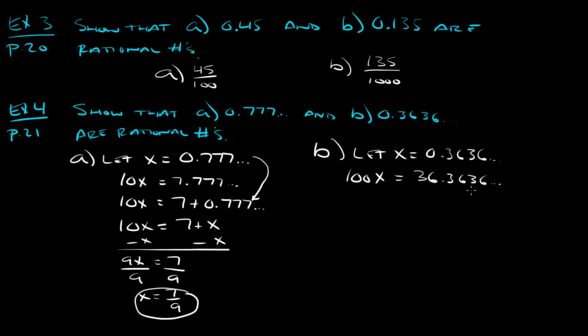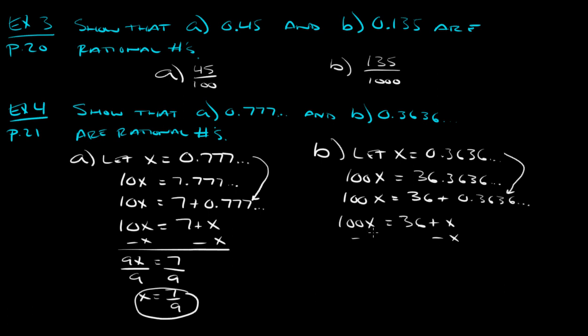So multiply both sides by 100, and we get 100x equals 36.3636, repeating. And then just like what we did over here, we rewrite this as 36 plus 0.3636. And again, remember that 0.3636 is just x, so we have that as 100x equals 36 plus x.